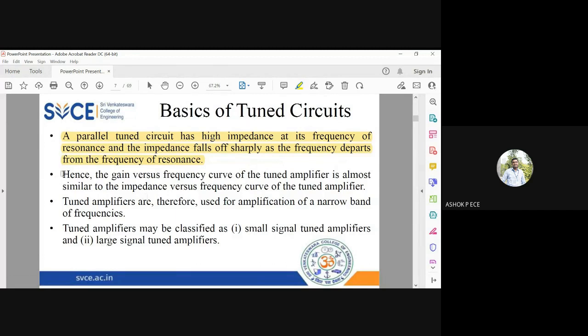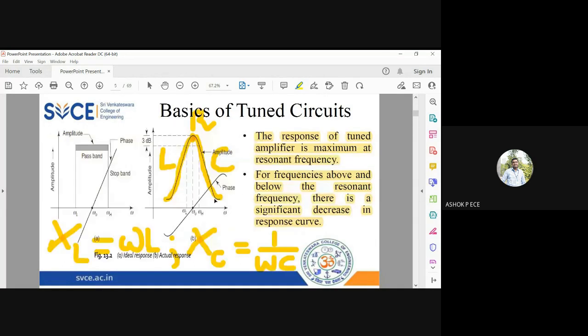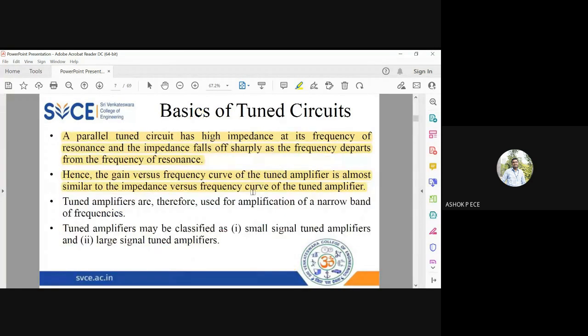The gain versus frequency graph is almost similar to the impedance versus frequency graph of the tuned amplifier. If you draw the impedance of the tuned amplifier, it will be the same as this graph. At F naught, you have a peak resistance, and on either side of F naught, the impedance falls off at a sharp rate.